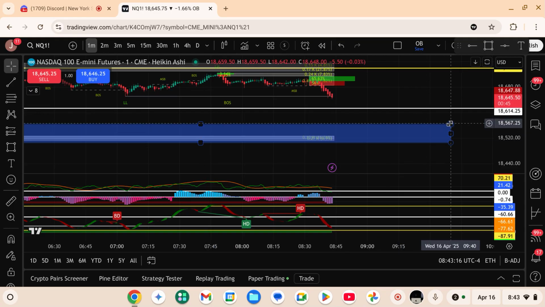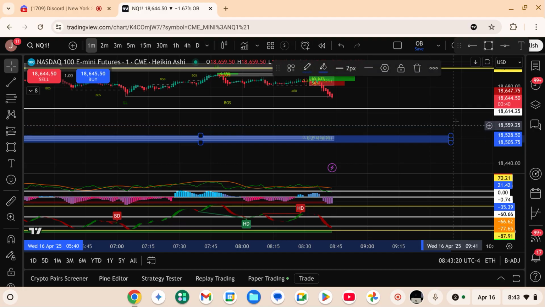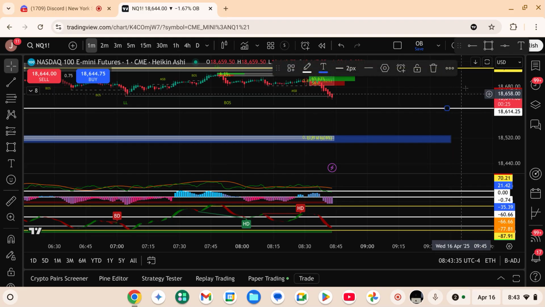Let's make that smaller. We could have taken the short to here, but it's not really worth it to me. So I'm just gonna delete this line here.